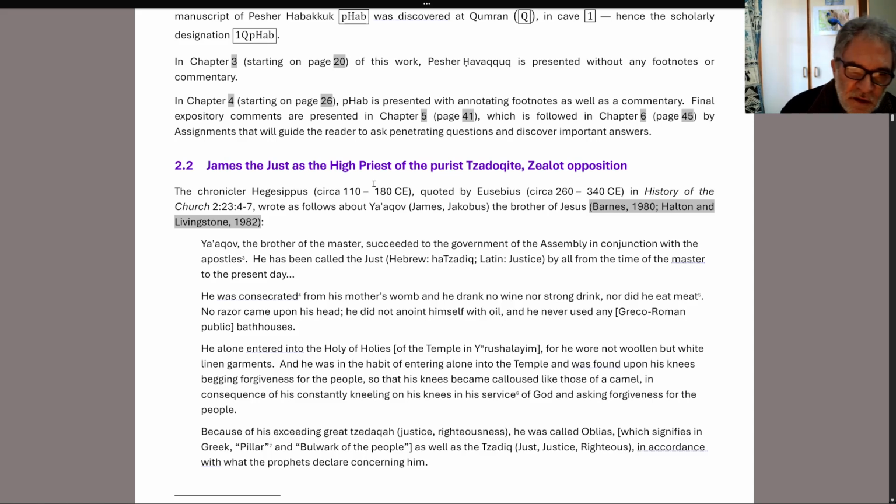Okay, we also see Yaakov Tzaddik here entering the Holy of Holies, like the high priest on Yom Kippur, and donning specifically white linen garments, also the clothing of the high priest during the Yom Kippur Avodah. And so the Yom Kippur service was all about the al-chet, the forgiveness of sins, and we see Yaakov Tzaddik functioning in this capacity.